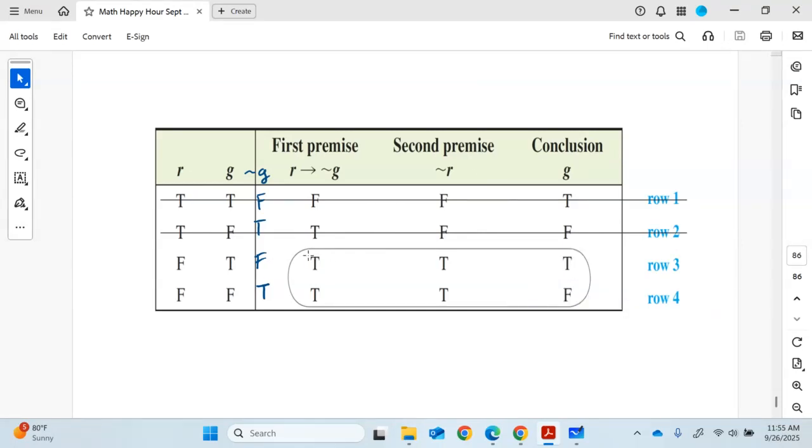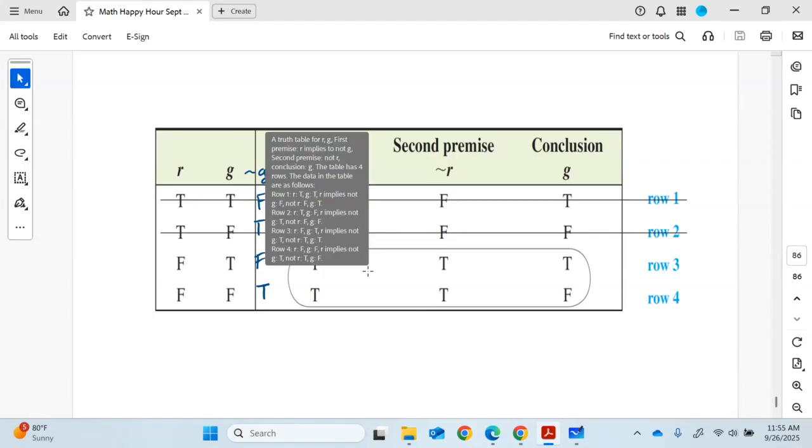But the last two, I have true, true, and true, true. So the last 2 rows are the rows that I need to analyze. These are rows where all of the premises, since I only have 2, are true. And what I need to see is that the conclusion is always true if the premises are true.